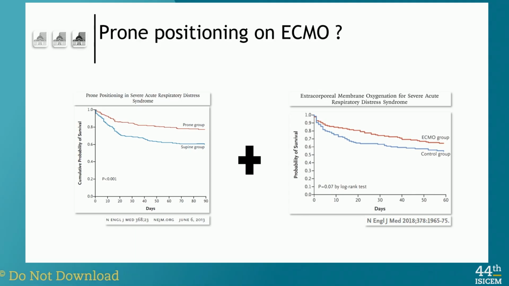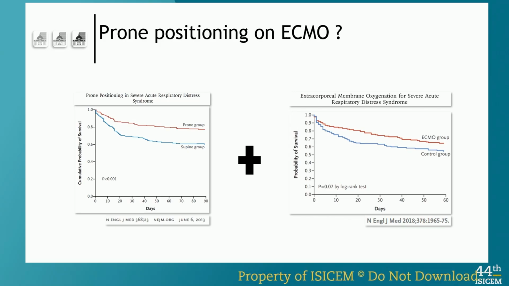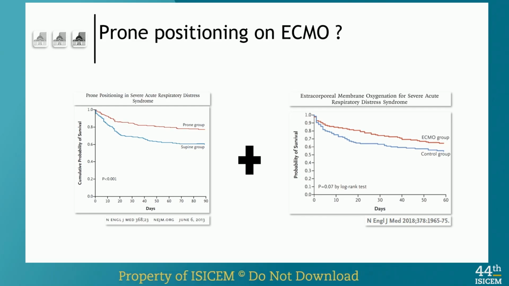This idea came from two landmark RCTs showing that these two maneuvers, ECMO on one side and prone positioning on the other, are two efficient ways to enhance ventilator-induced lung injury prevention.